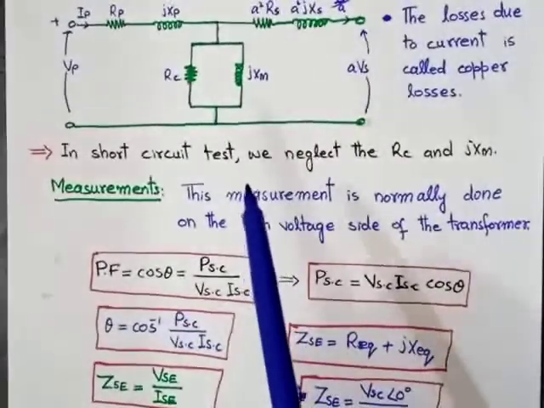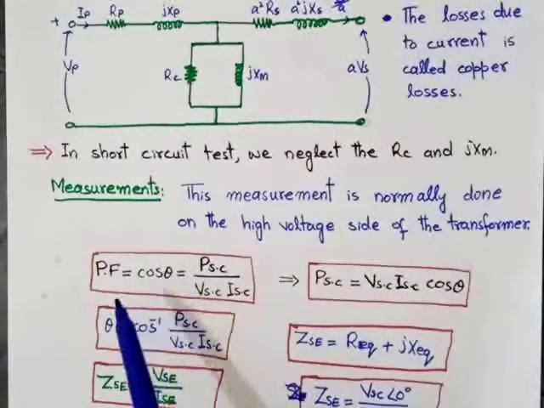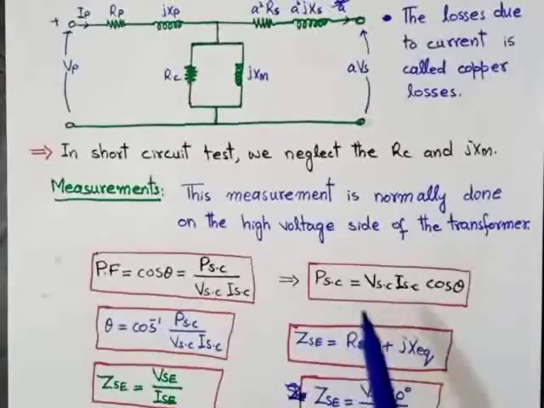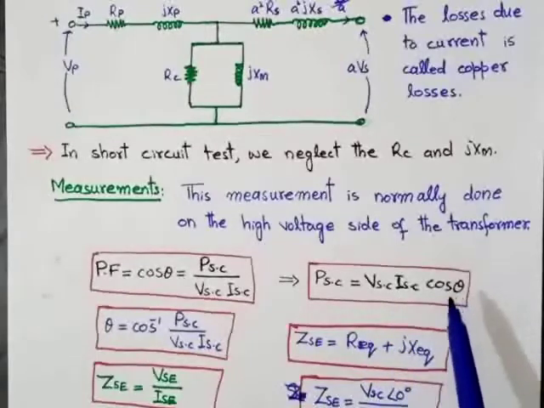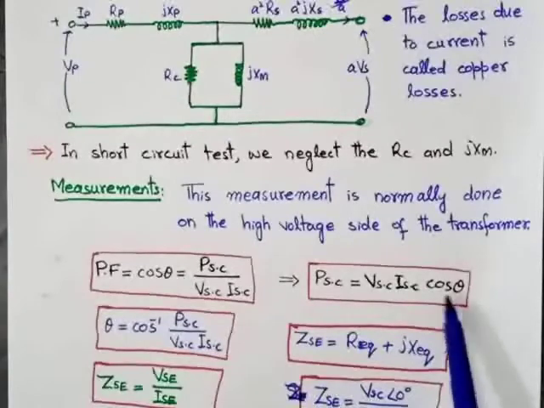By performing the short circuit test, as we know, P short circuit is equal to V short circuit into I short circuit cos theta. By using this relation, we can determine the value of cos theta.